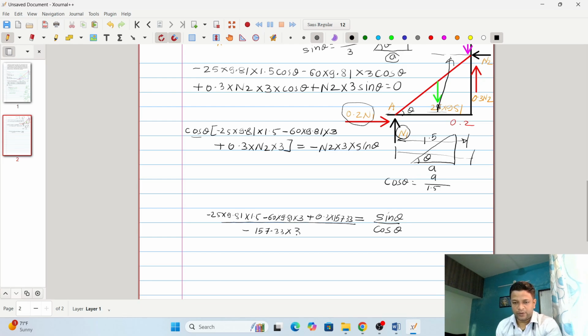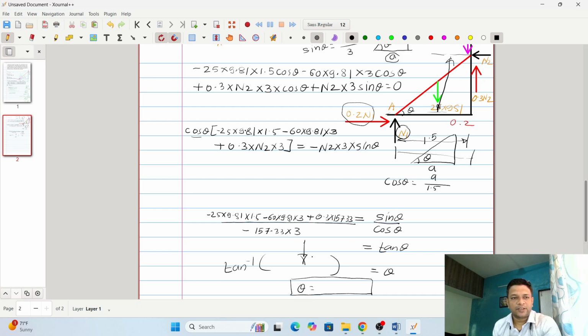So this will give you the value of tan theta, and theta is equal to tan inverse of this complete bracket. You can find the tan inverse of this calculation to get the value of theta. You can write in the comment box what value of theta you get. As per my calculation, theta is equal to 76.67 degrees.